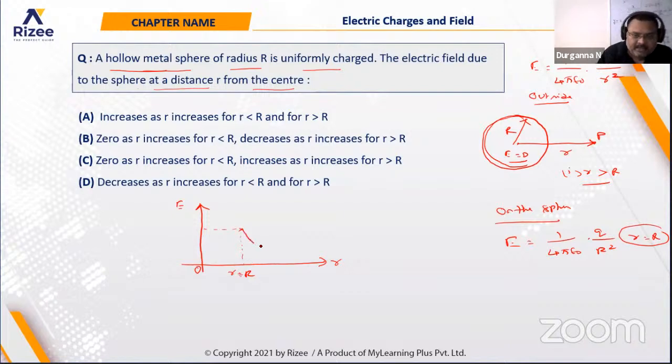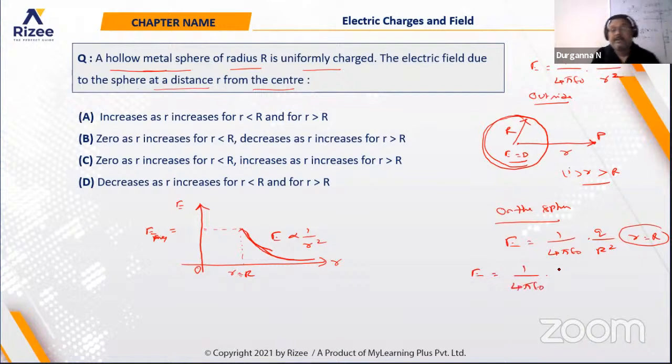After that it gradually decreases. It's an inversely proportional condition: E is inversely proportional to r square. And you'll find the maximum value at this particular point. If I write this in sigma terms, that is 1 by 4 pi epsilon naught.